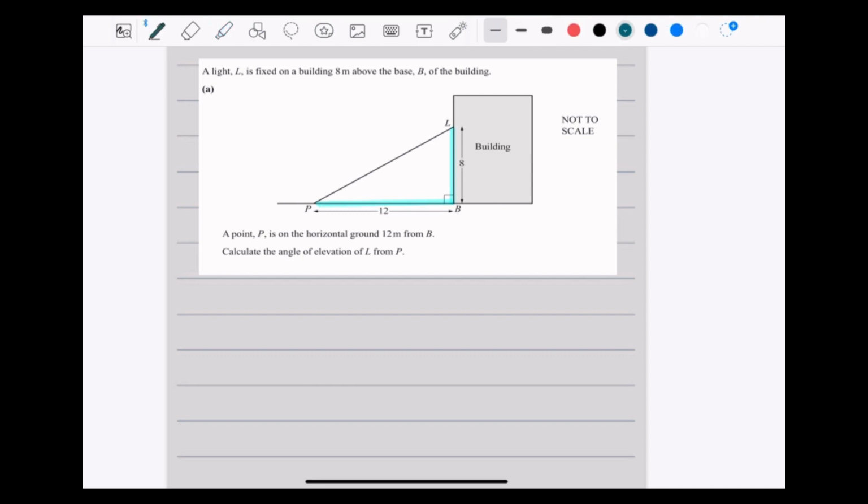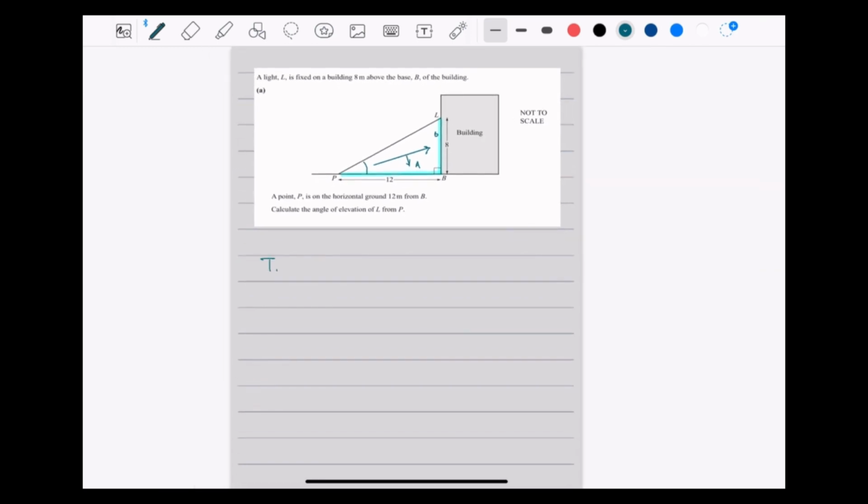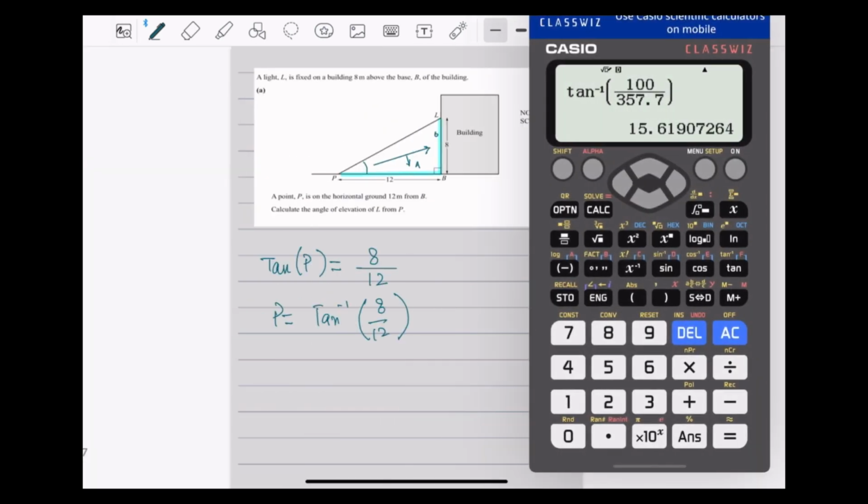All you have to find out is this angle, which is, according to this angle, this is the opposite and this is the adjacent. So the best fit ratio here is tan of P equals opposite, which is 8, over adjacent, which is 12, and P is going to be tan inverse of 8 over 12. So I'll use the same.